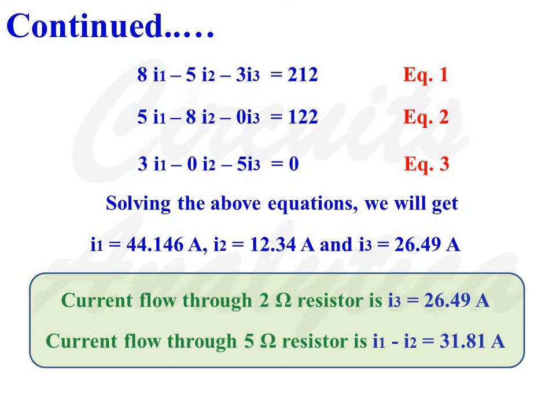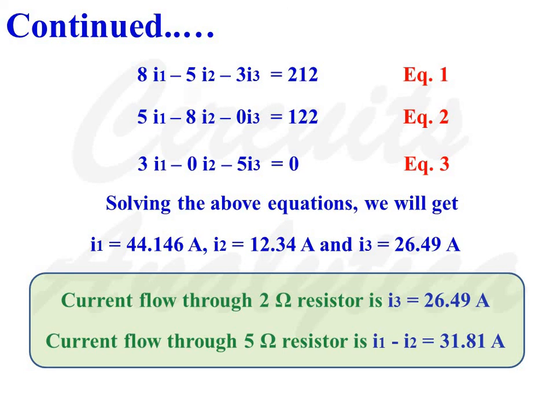So now we have three equations. 8I1 minus 5I2 minus 3I3 is equal to 212, equation number 1. 5I1 minus 8I2 minus 0I3 is equal to 122, equation number 2. 3I1 minus 0I2 minus 5I3 is equal to 0, equation number 3.